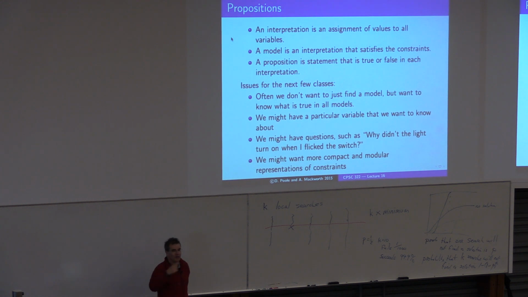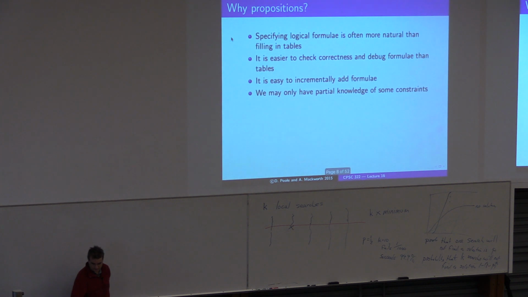That's a question we're going to be able to answer with the logic-based representations. We'll also have more compact and modular representations for these constraints. So not only are we going to have these tables or less-than, we're going to have languages for specifying constraints that are modular and compact. It's actually a useful representation. So that's how it relates to constraint satisfaction.